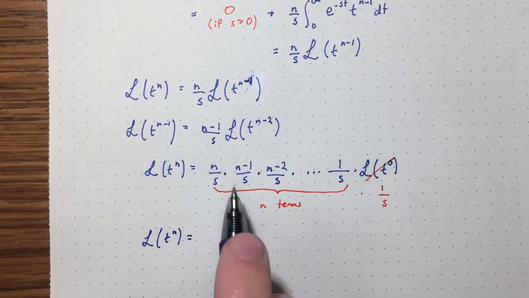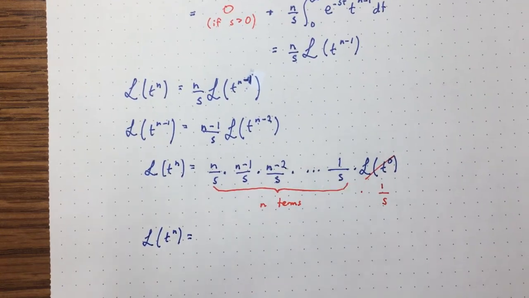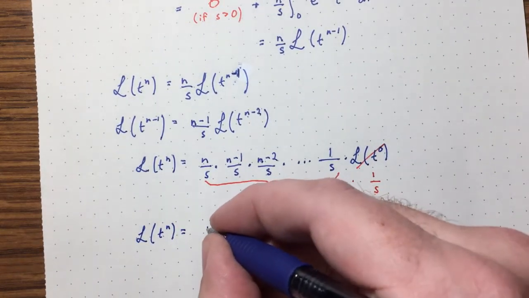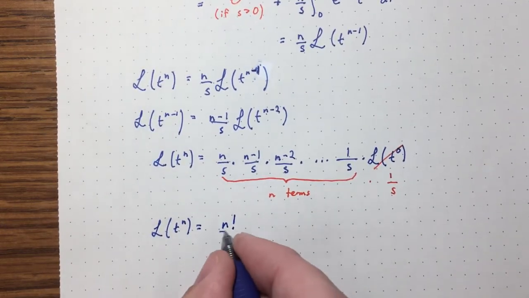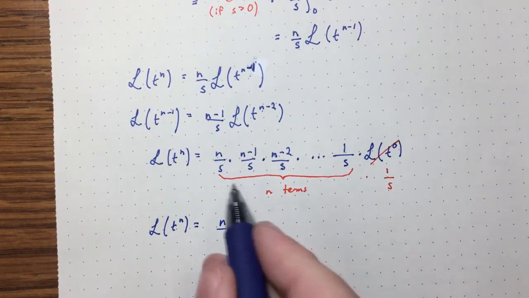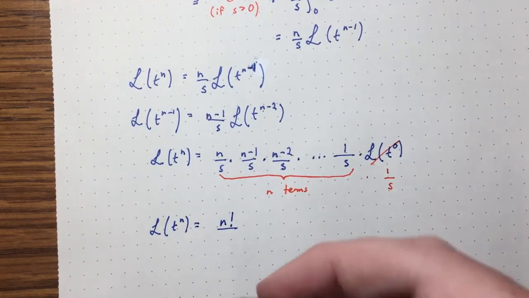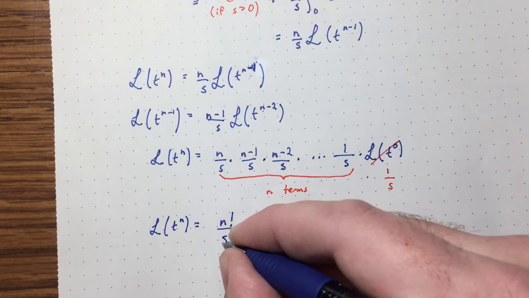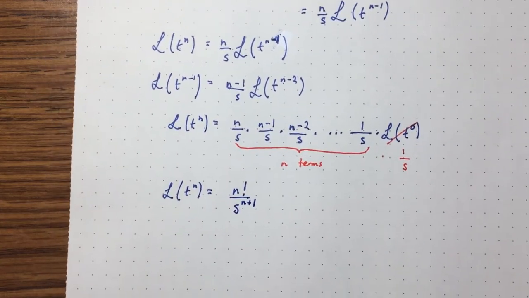It's going to be n times n minus 1 times n minus 2 all the way down to 3 times 2 times 1, also known as n factorial. N factorial over, how many s's do we have? We have n there, but we have 1 extra there. So it's n factorial over s to the n plus 1.